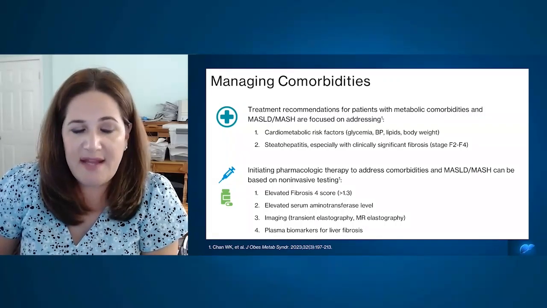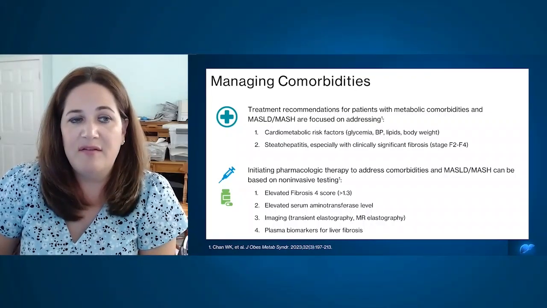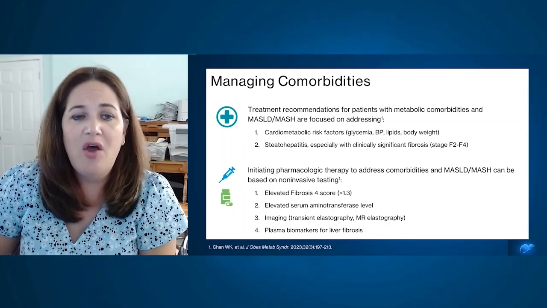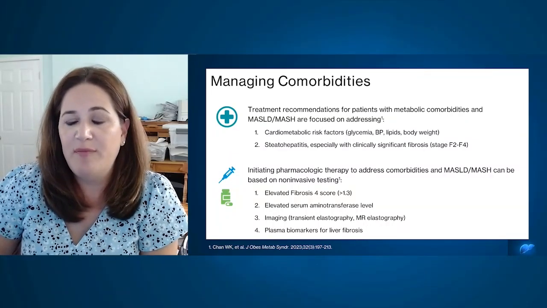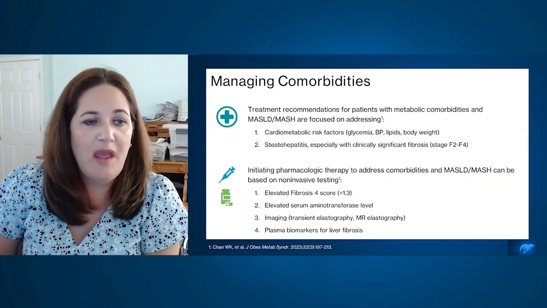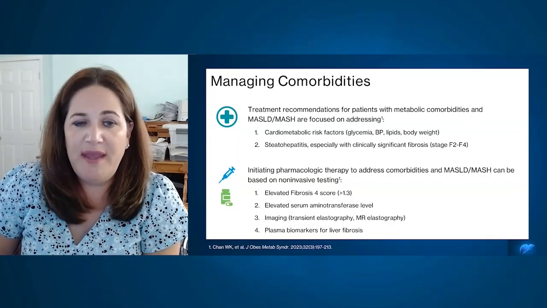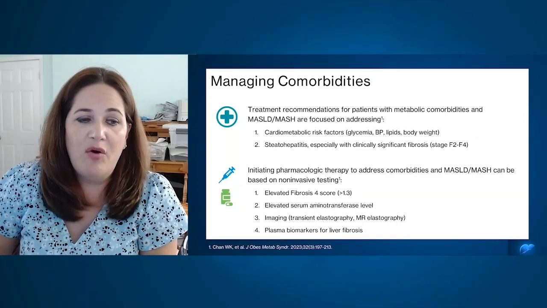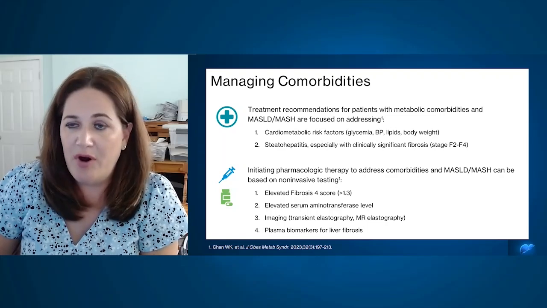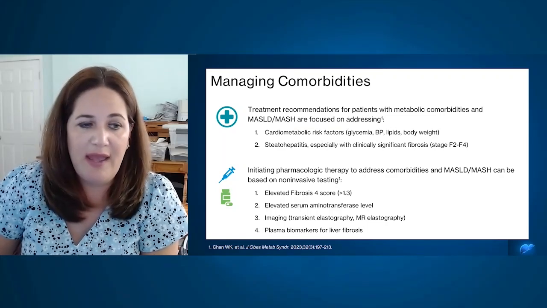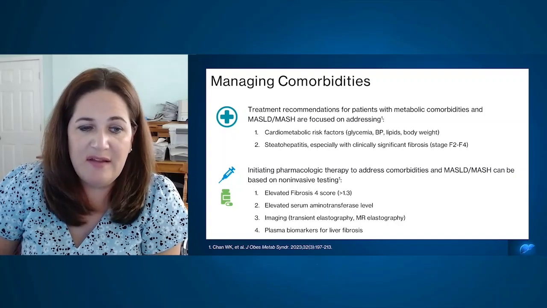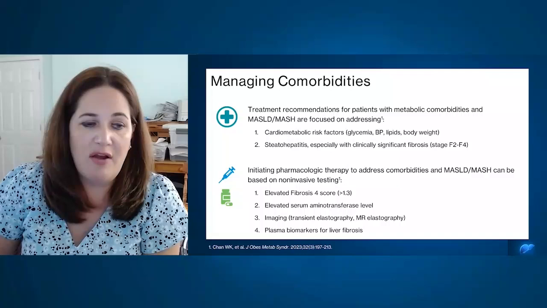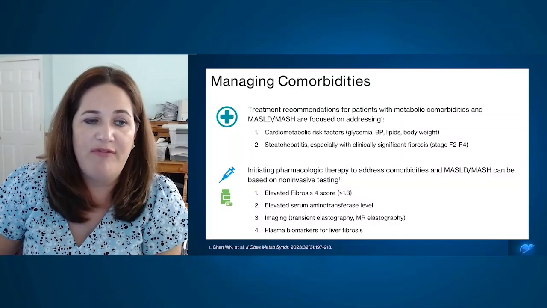For the steatohepatitis, which all that means is fat in the liver cells and inflammation because of that, especially with clinically significant fibrosis, so that would be stage F2 to F4, initiating pharmacologic therapy to address comorbidities and MASH and MASLD can be based on non-invasive testing. So we know if we have an elevated FIB-4 score, which is greater than 1.3, elevated serum transaminases, imaging when we do transient elastography or MR elastography, and then plasma biomarkers for fibrosis.